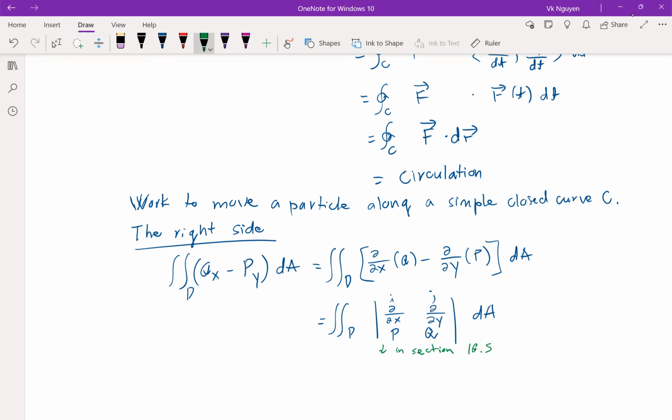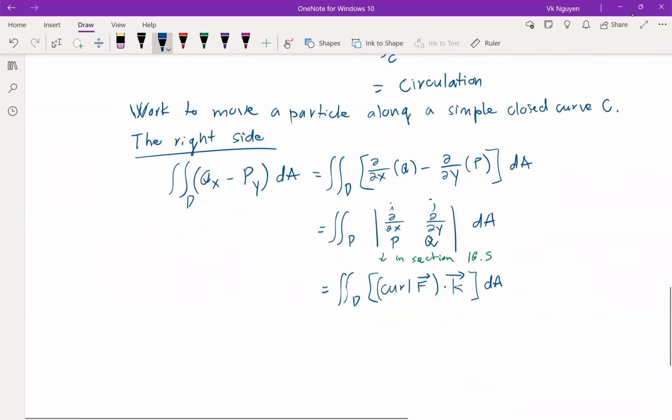Once you get there, you understand what this is. This is the curl of the vector field F dot k, dA.